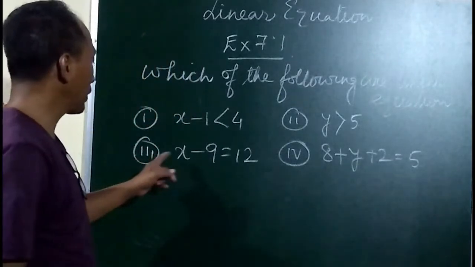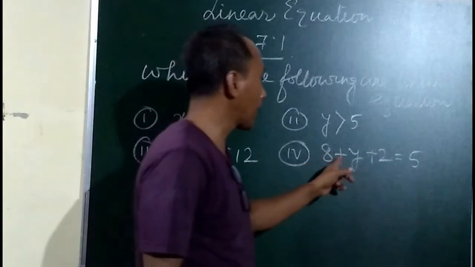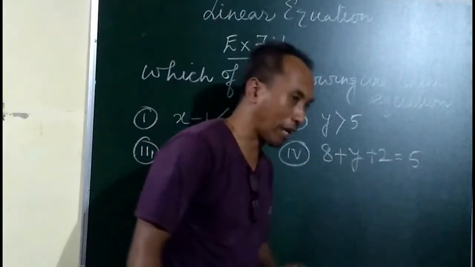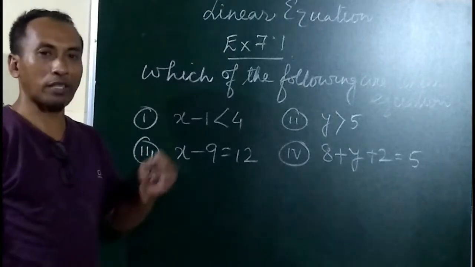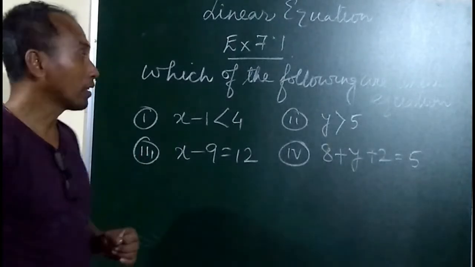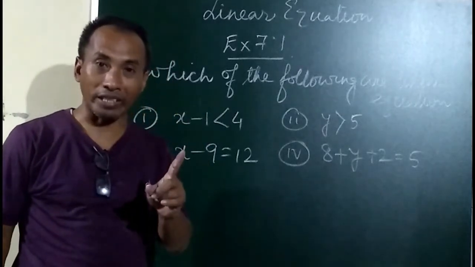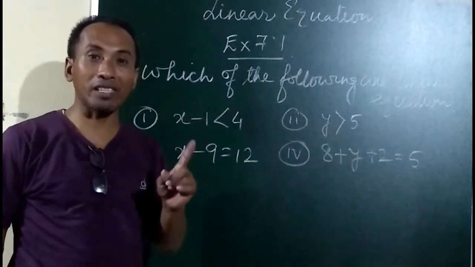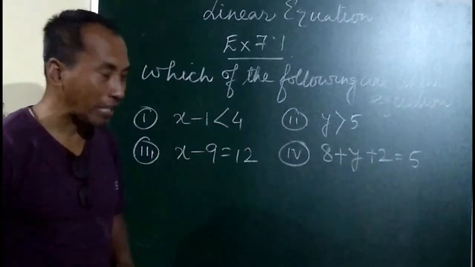Then question number 3, x minus 9 equals 12. Number 4 is 8 plus y plus 2 equals 5. So what is the definition of a linear equation? The definition of a linear equation is that it must have one variable with exponent 1. And equation means both sides should be divided with an equal symbol.